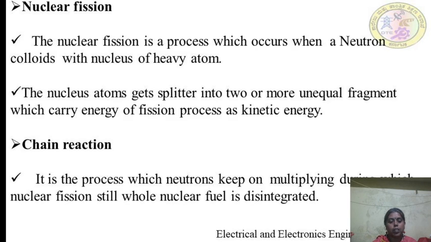That is, during the nuclear fission, the neutrons keep multiplying until the nuclear fuel is disintegrated. So this is another process which is used in a nuclear reactor for generating nuclear energy.